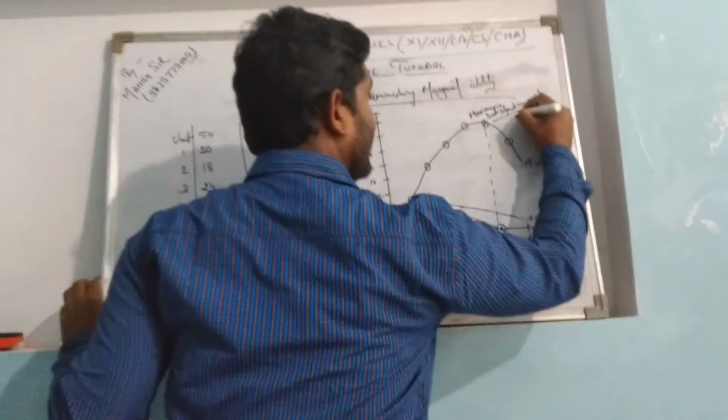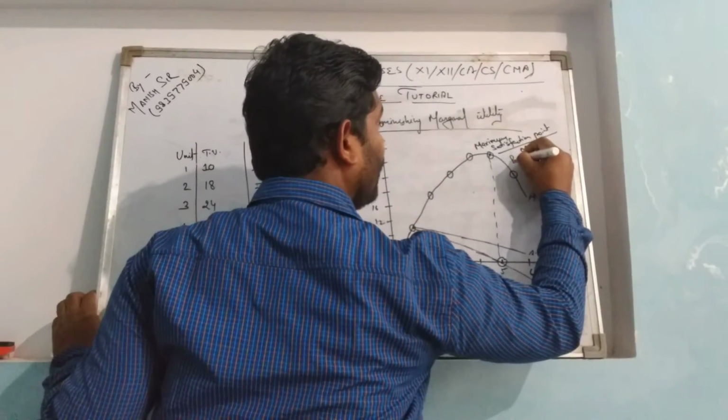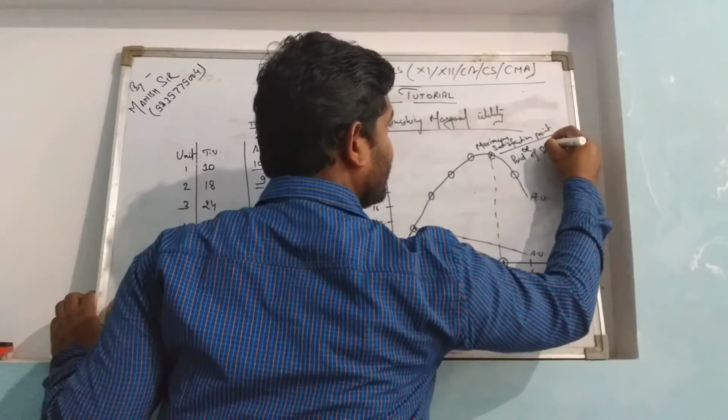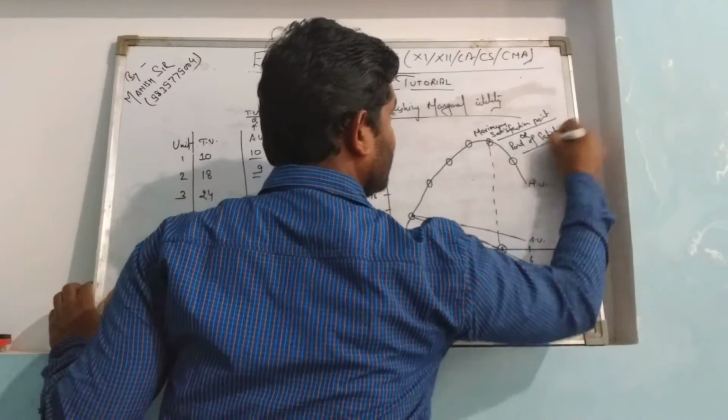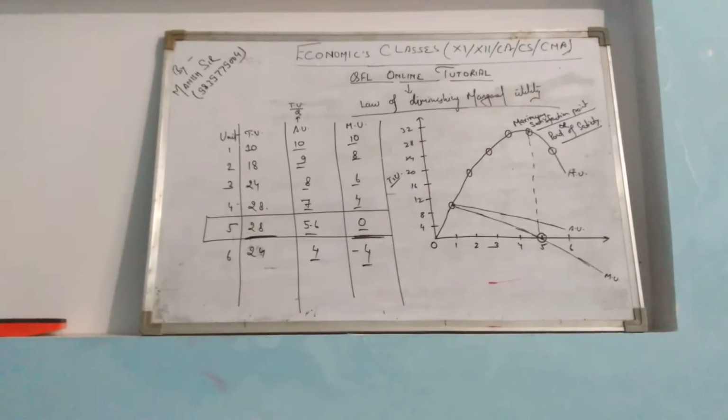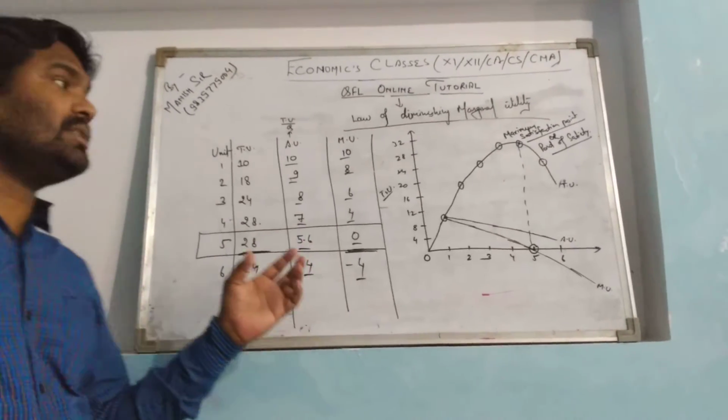It is also called the point of satiety. So this is the diagrammatic representation of the three components and the law of diminishing marginal utility.